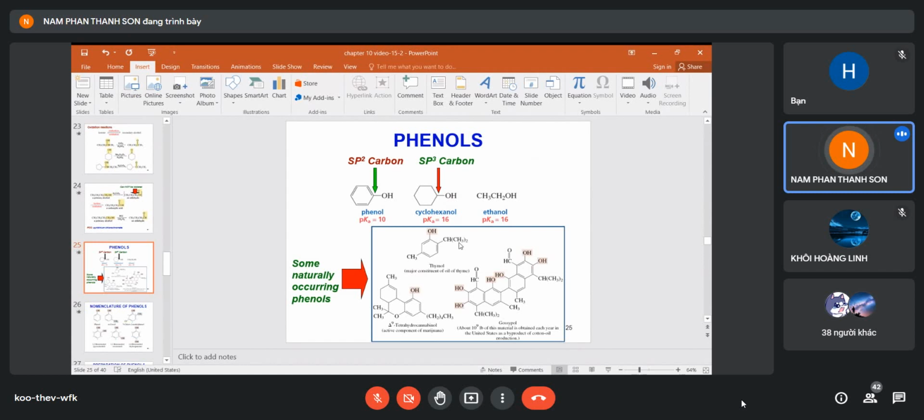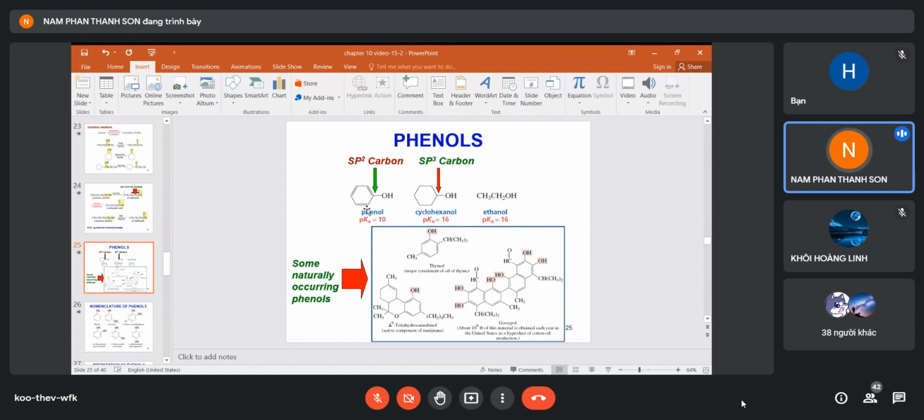The word phenol has two meanings. If you hear people say phenol without an article, that is this one, C6H5OH. This is phenol. If you hear people say a phenol or the phenol, the word phenol means the name of a family, in which the OH is connected to an aromatic ring.